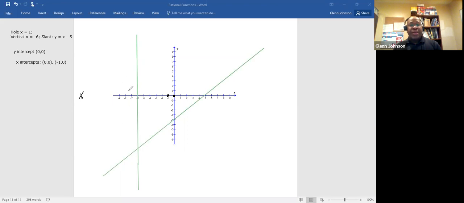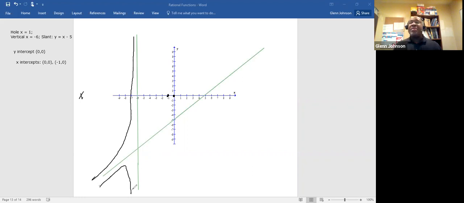In other words, it's going to be coming up from here, and then it's got to approach the slant asymptote. So either it's going to behave like this, or it's going to behave underneath the slant asymptote and then go down and approach the vertical asymptote of -6 on the downside. Now, which of these possibilities do you think it might be?